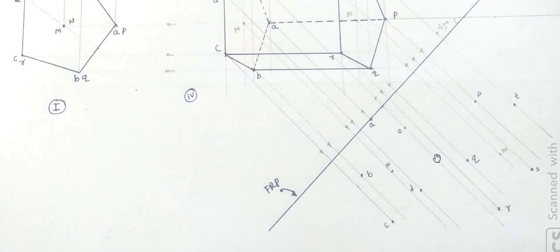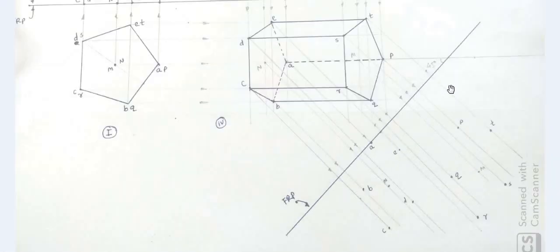Now again there is a question of joining the points. How to join the points? We will follow the same rule of visibility as we have done for completing this diagram. Out of these two bases ABCDE and PQRST, that base would be completed first which is away from the reference line in the previous view. So previous view means this view.